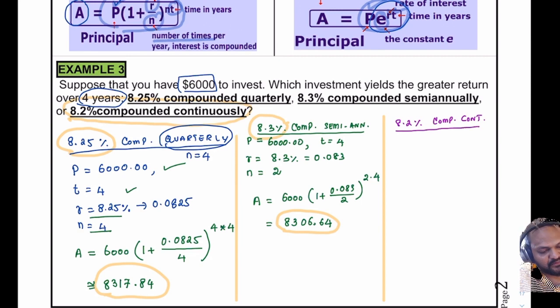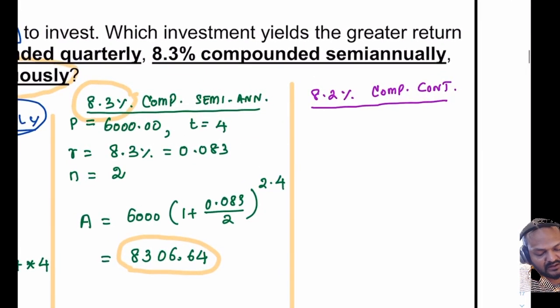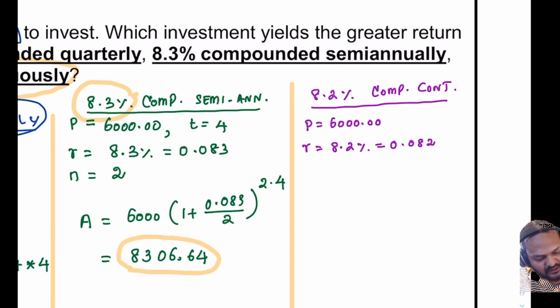When we do that, what happens? Still the investment P is 6,000. Here there is no n, that's the only thing I need here. I'm sorry. So R is equal to 8.2 percent, which is 0.082, and time is 4 years. There is no n. Actually, technically speaking, n here is infinity, by the way.